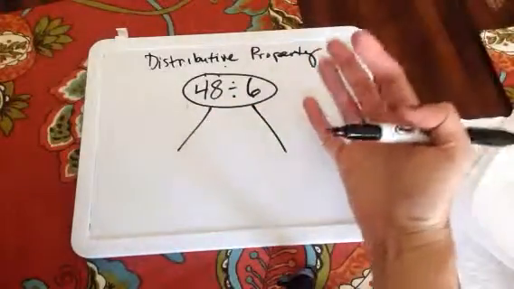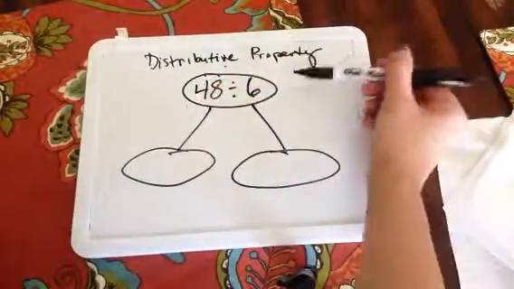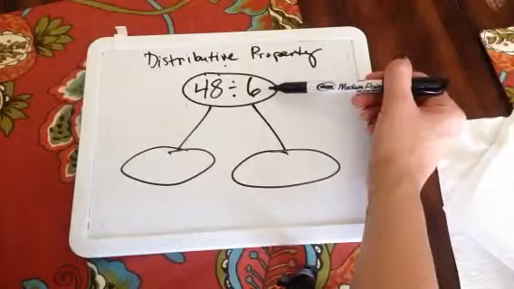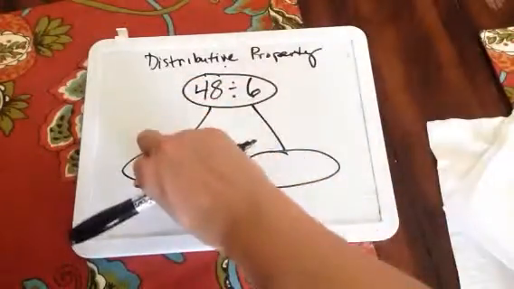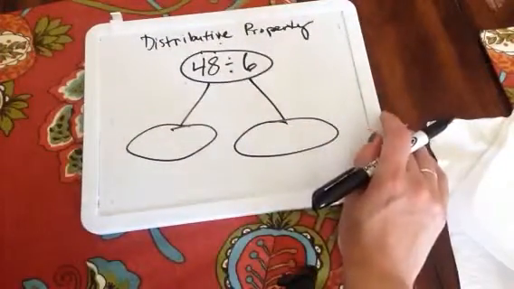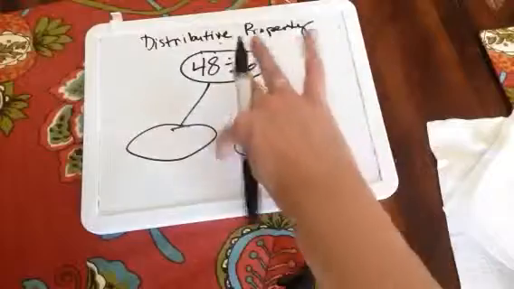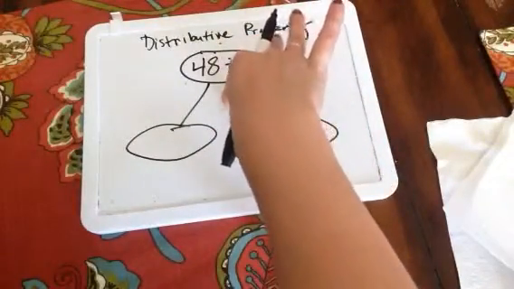Like as if we were talking about multiplication. So we're really trying to take this larger equation, 48 divided by 6 equals, we don't know. We're going to split it up into easier equations, and then we're going to solve it. And those 2 easier equations added together are going to equal what 48 divided by 6 is, okay?